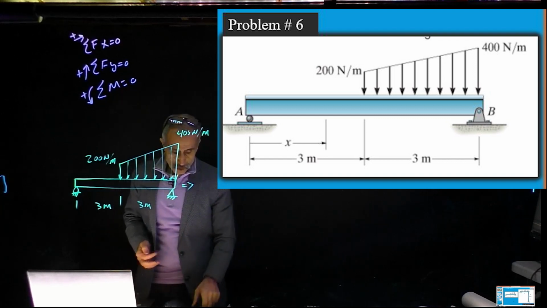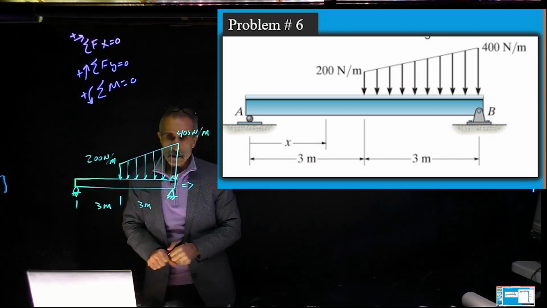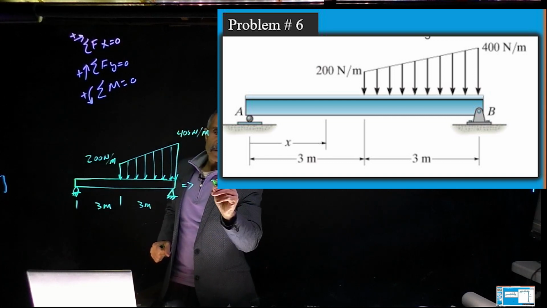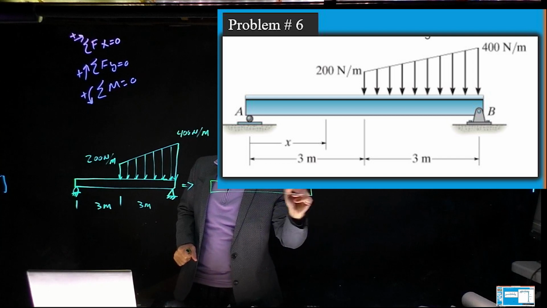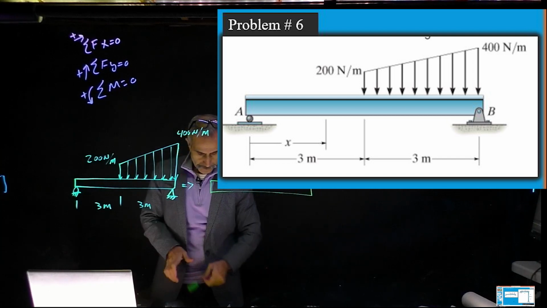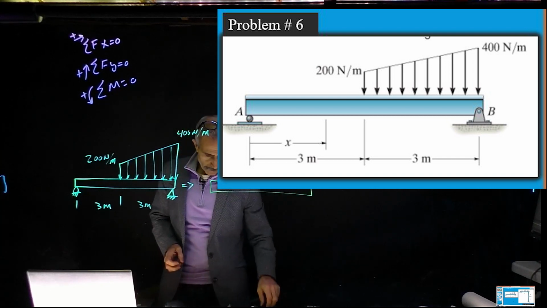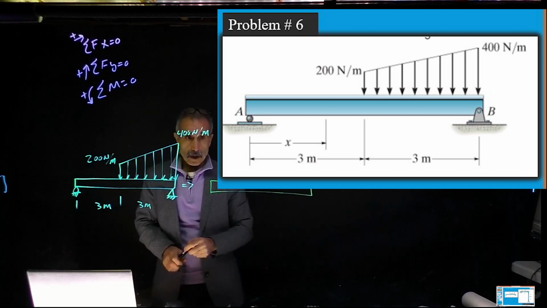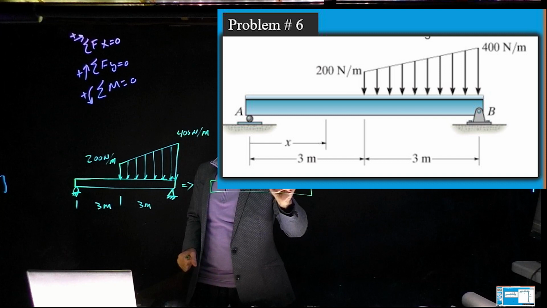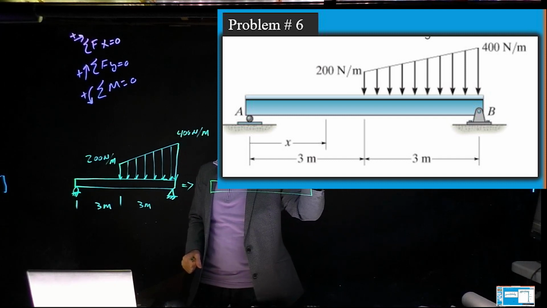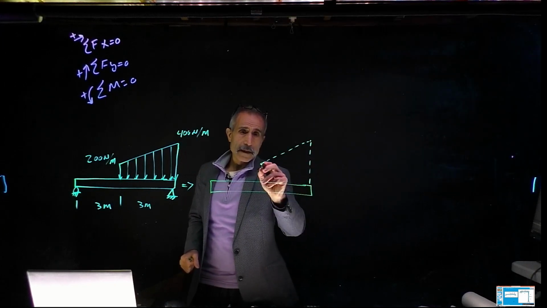The first thing we're going to do is a free body diagram. So I'm going to redraw the beam here, just the outline of the beam, like that.